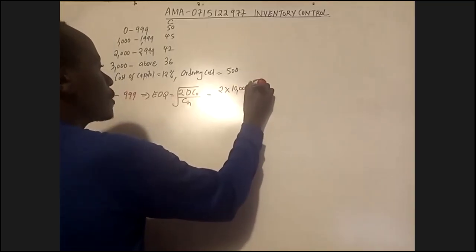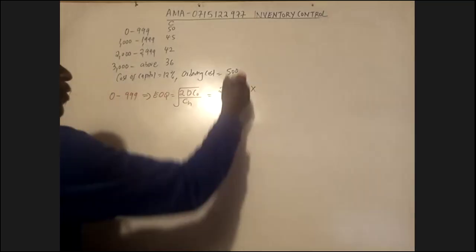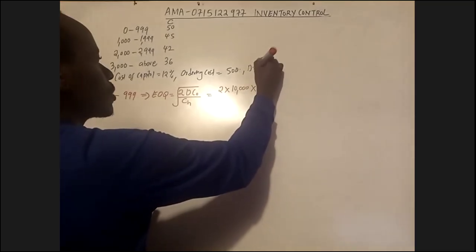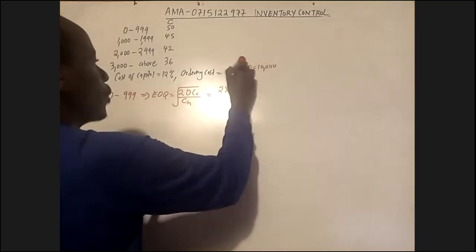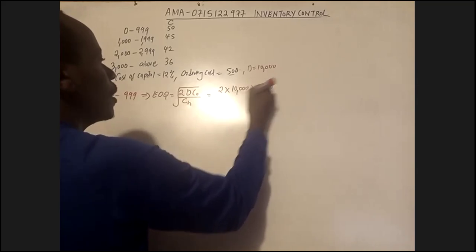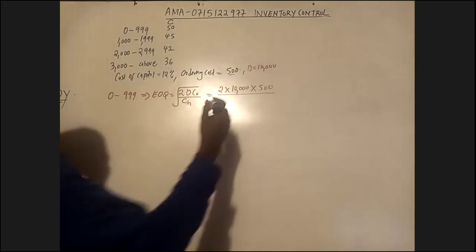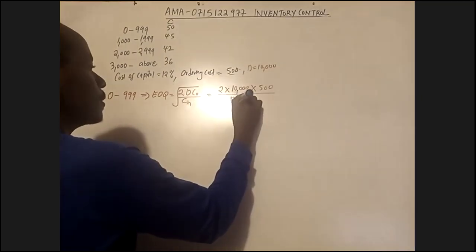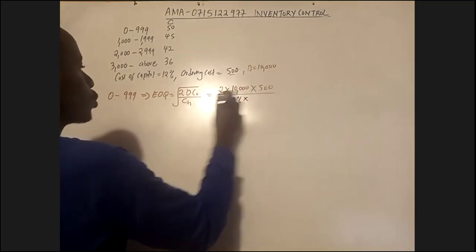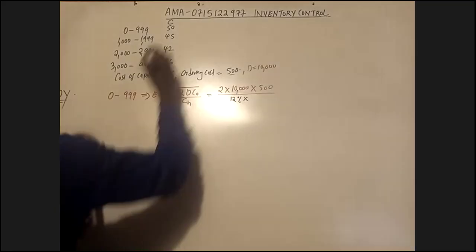10,000 times CO, which is 500, divided by CH, which is 12% of our purchase price. For level 1, between 0 to 999, our purchase price is 50.